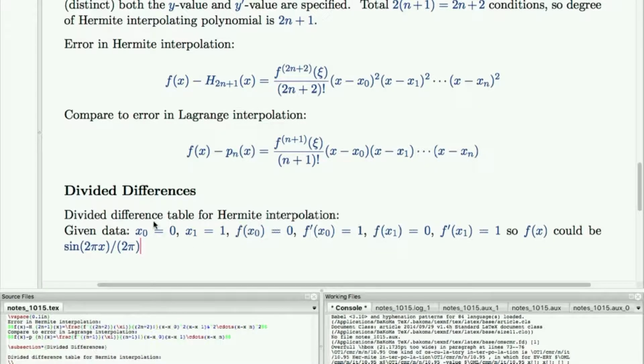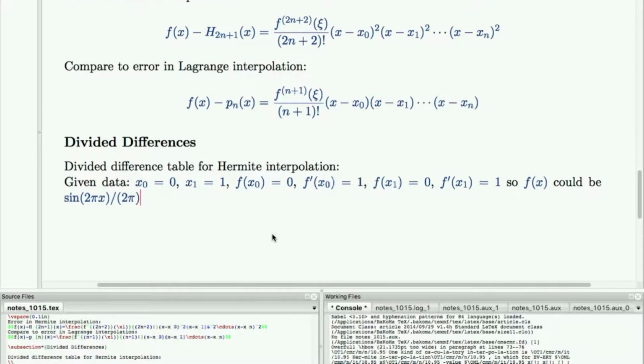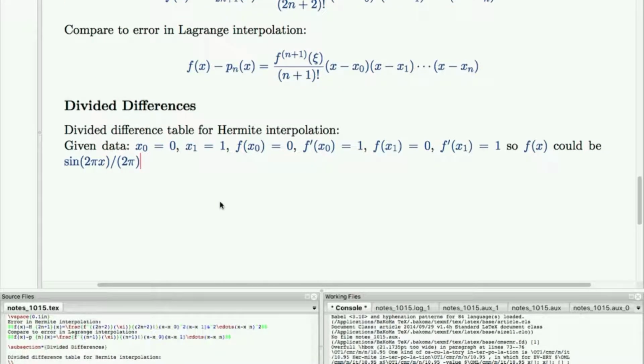Because if I plug in x equals 0 and x equals 1, I will get 0. If I take the derivative, that's cosine 2 pi x times 2 pi, which cancels with the 2 pi. And if I plug in x equals 0 and x equals 1 into the derivative, I will get 1. So that could be a function that fits.